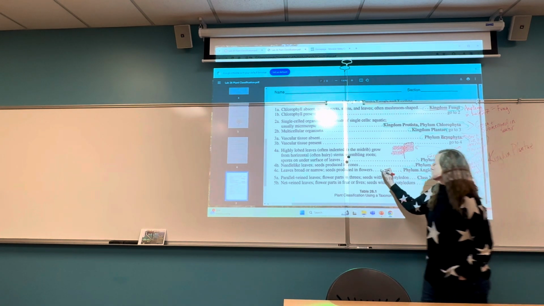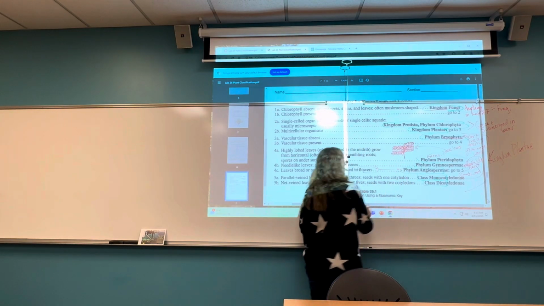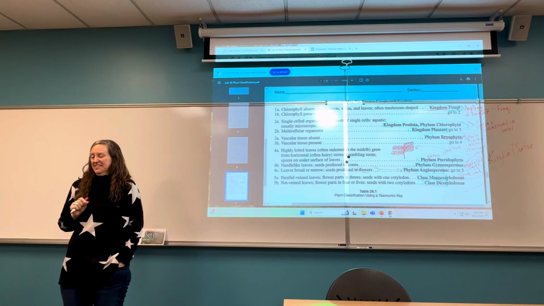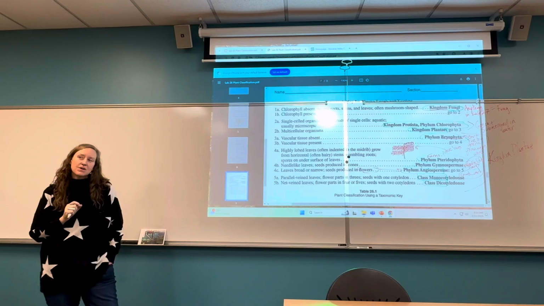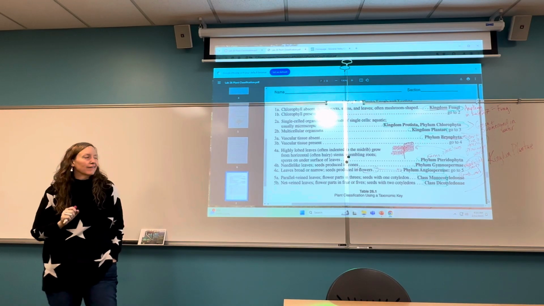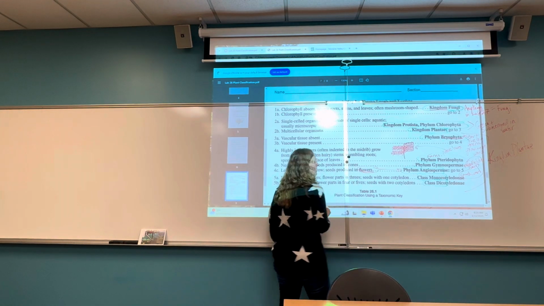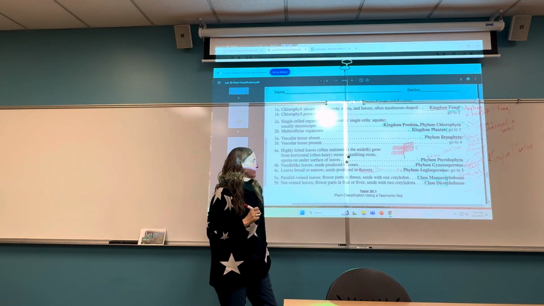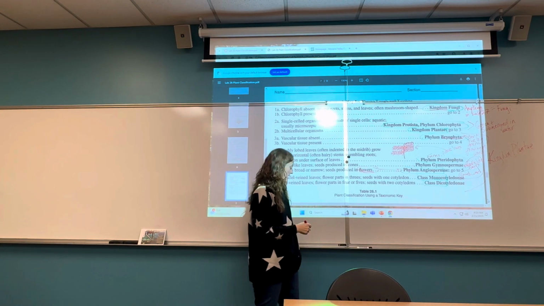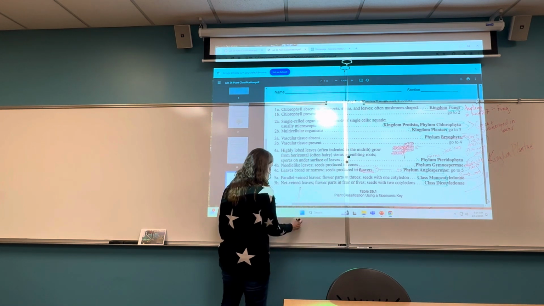The angiosperms have flowers. Not everything's going to have a flower, but I'll make sure they have a flower. That'll be a good clue. If it has a flower, but remember some of the flowers are weird, like grasses. Remember the grasses?